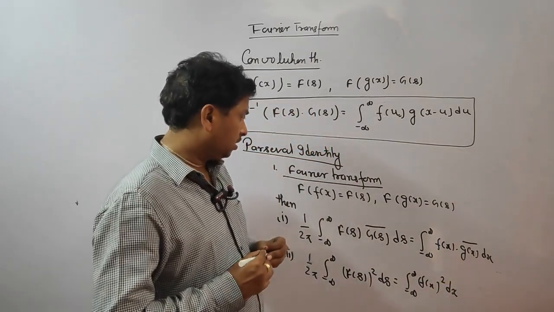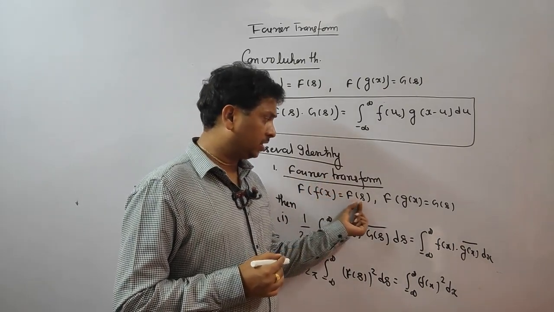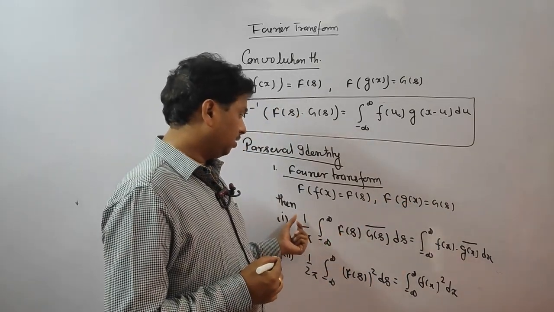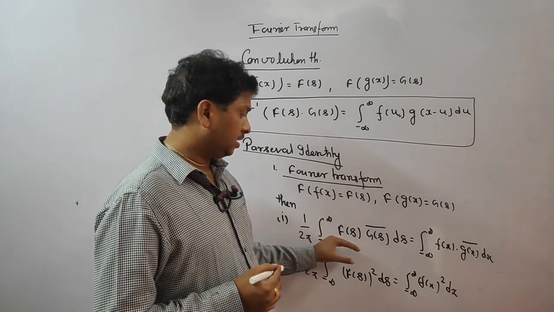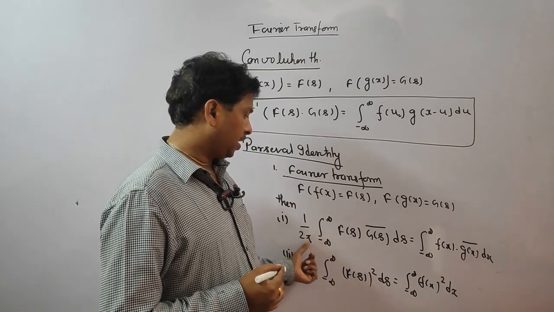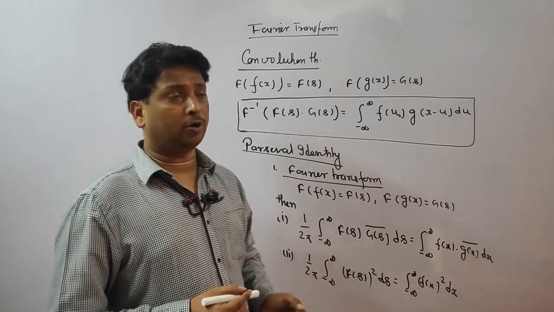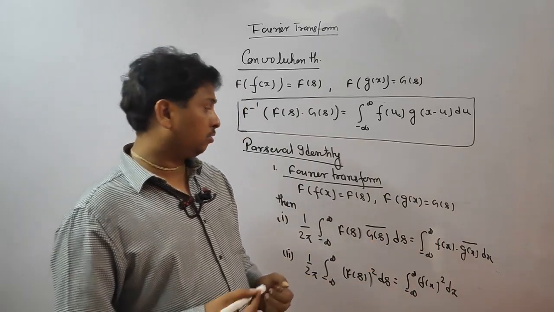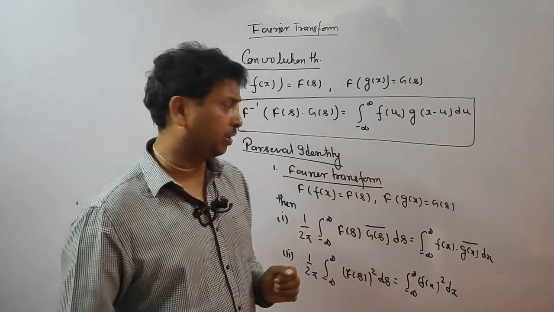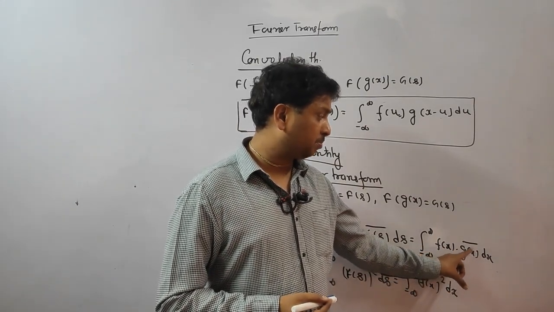So my friends, if the Fourier transform of f(x) we know, that is F(s), and the g(x) Fourier transform is G(s), then the Parseval identity is in two parts. The first part is 1 upon 2 pi, integral from minus infinity to infinity of F(s) into G(s) conjugate, because we are working in the complex field. So if a complex number is there, then we can write its conjugate, just replace i by minus i, is equal to the integral from minus infinity to infinity of f(x) into g(x) bar dx.